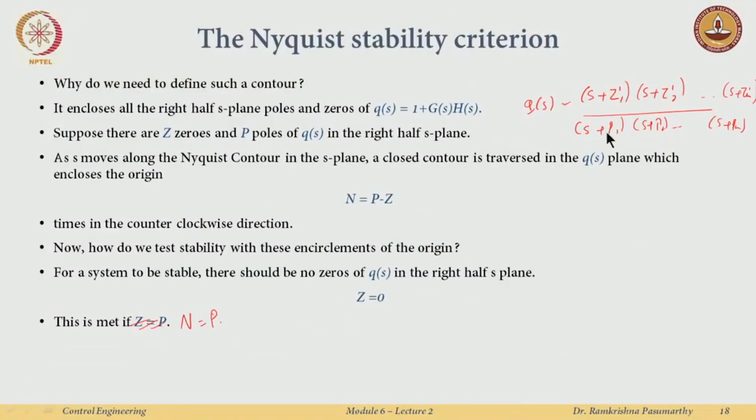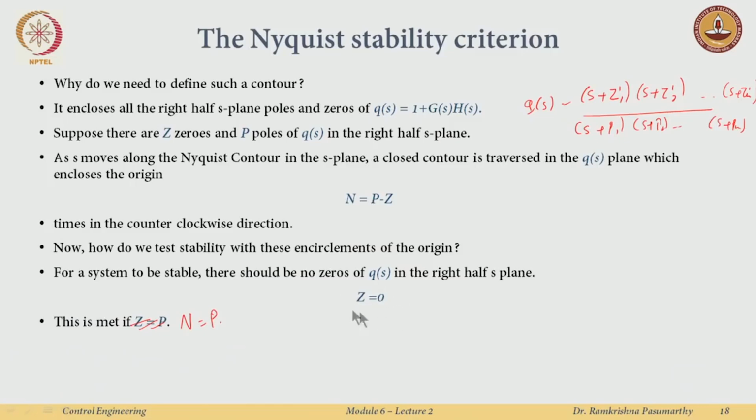For example, if all these poles are stable, and say N is equal to minus 1, then my system is unstable, because there are no poles, the P's are equal to 0, and whenever Z is greater than or equal to 1, then I am unstable. I always want Z to be 0. This is a necessary condition.